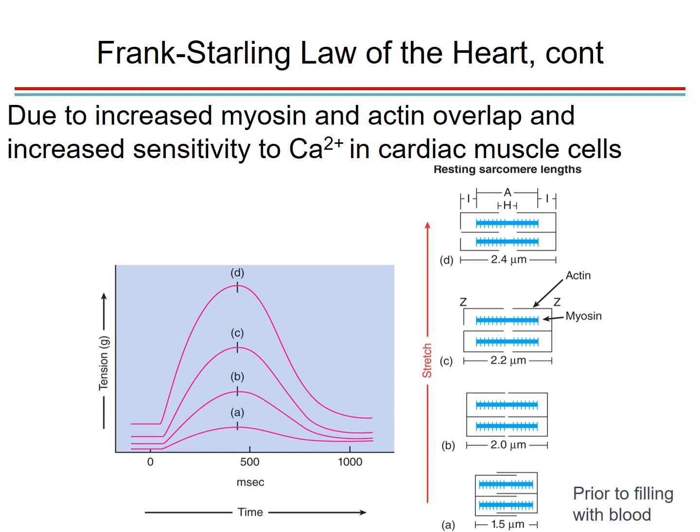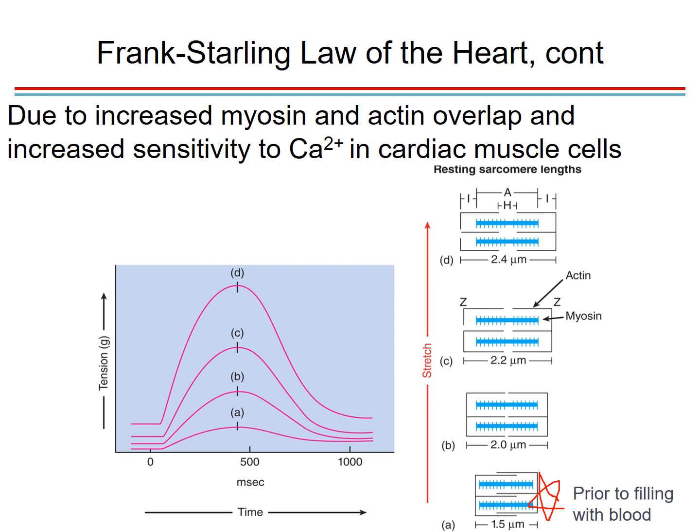So to continue with this concept, the increase in myosin and actin overlap and increased sensitivity to calcium in cardiac muscle cells is the cause of the Frank-Starling law. So let's begin here at the bottom, where this is under normal conditions where the ventricles are prior to filling with blood.